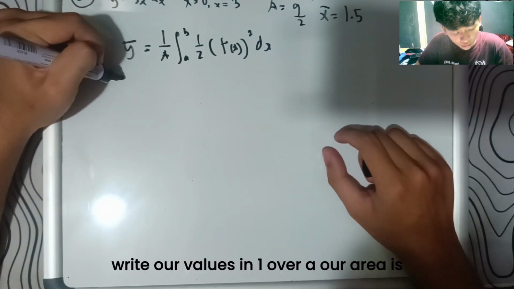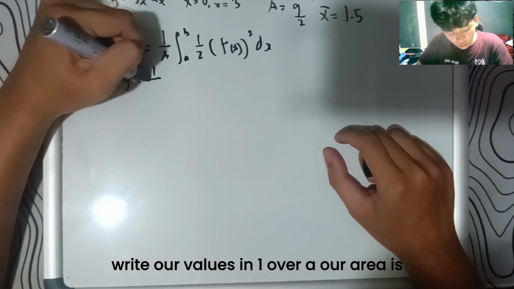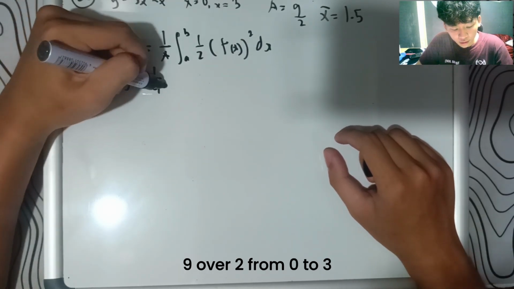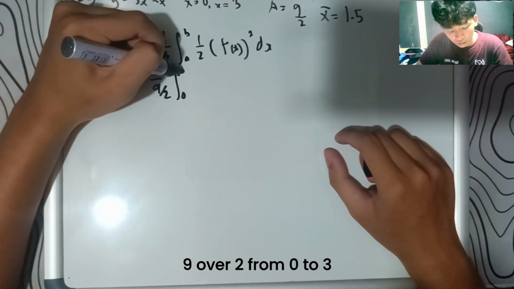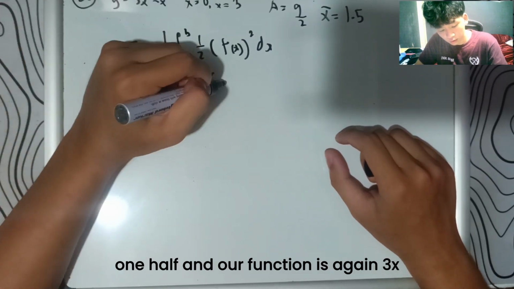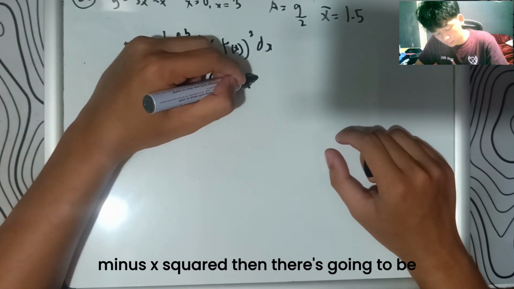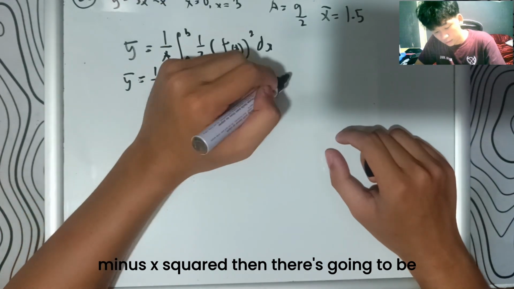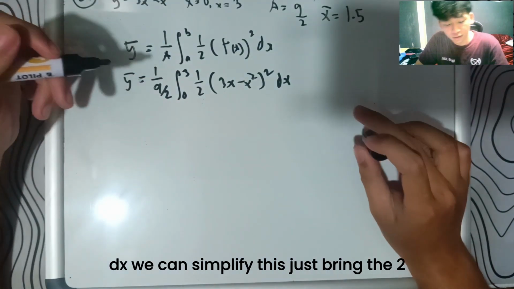So let's write our values in. 1 over A, our area is 9 over 2, from 0 to 3, 1/2, and our function is again 3x minus x squared. Then there's going to be a square there, and then dx.